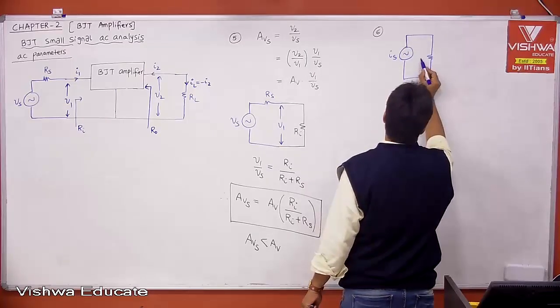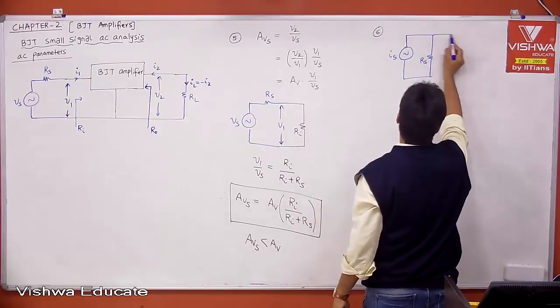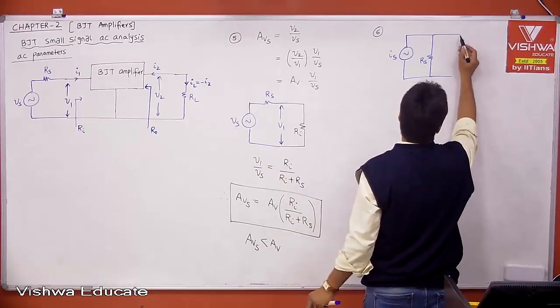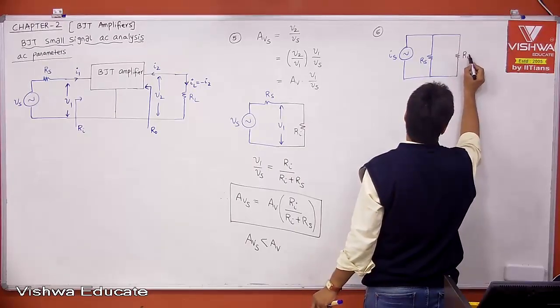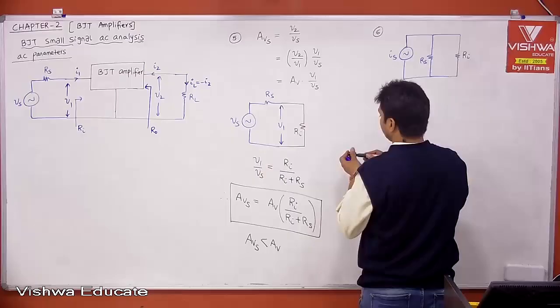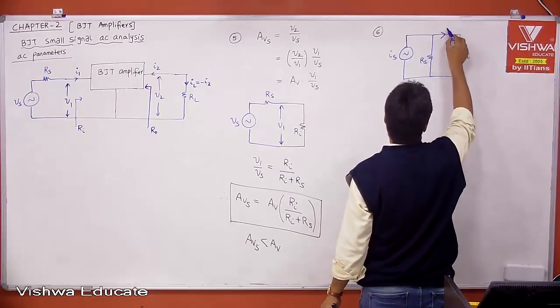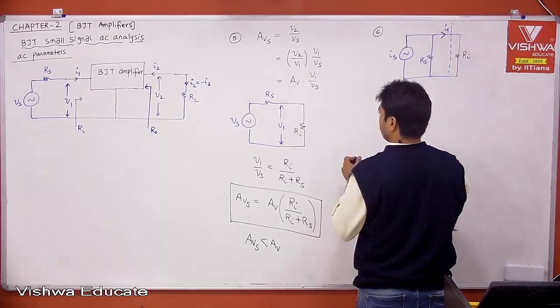Because we can pump current into the input, this is your amplifier that is already modeled, which has input impedance Ri. This is your Ri, and the current which is entering into the amplifier is nothing but your I1.